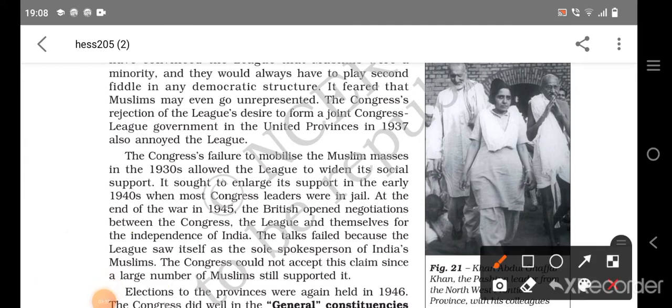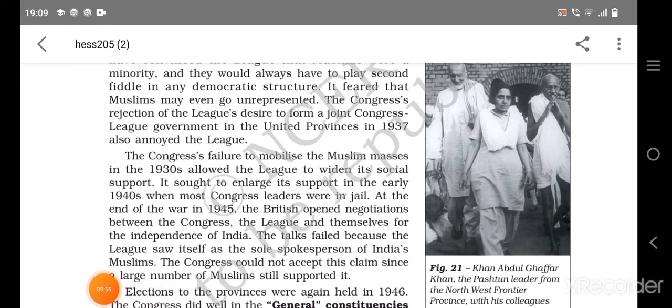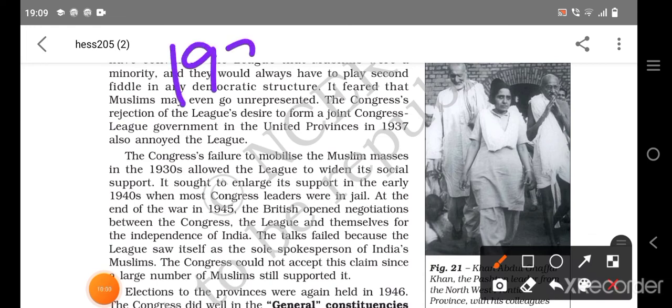I'll tell you in some further video about it, but not now, because we are currently targeting the NCERT. There were times when Muslim masses were there in India, and they needed to be mobilized, meaning settled in India. Every Muslim needs to be settled. So Congress had to do this task, but they failed in this task, and this was in the 1930s.